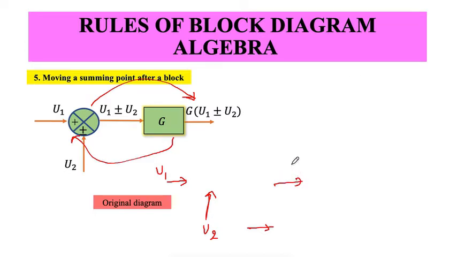So if I call this the output, that would still be the same, and this will be g u1 plus minus g u2, and I want to move the summation point ahead, which means the summation point should come somewhere here, and there would be g here.